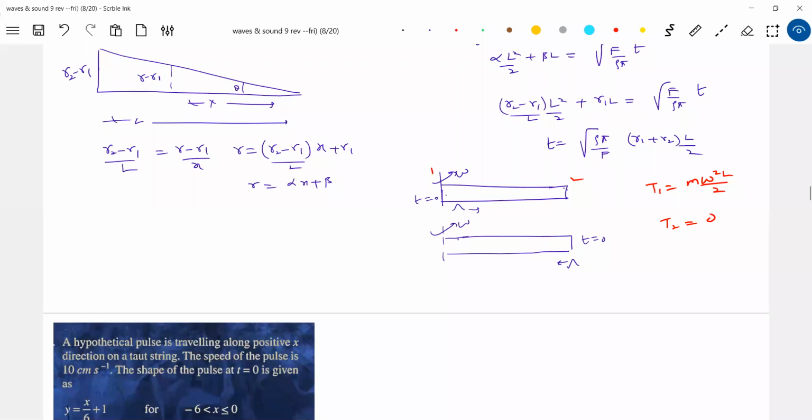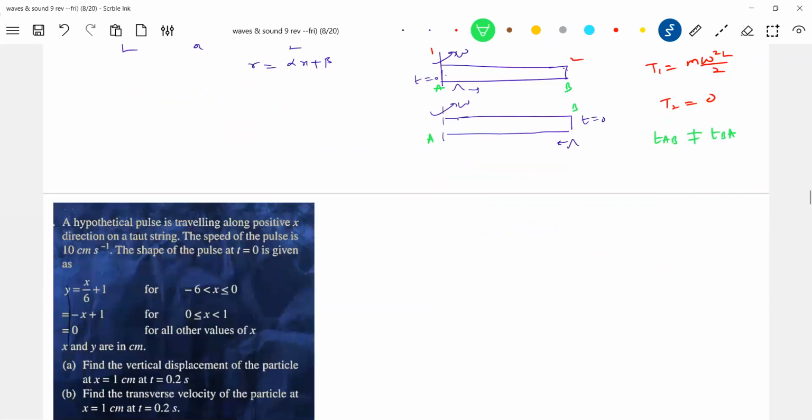Time taken to move from A to B. If you want, you can cross verify once. These are the different ways of testing a student. Okay, let me go for the next one here.